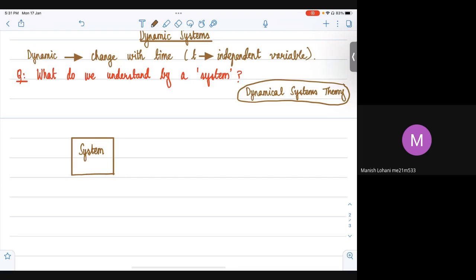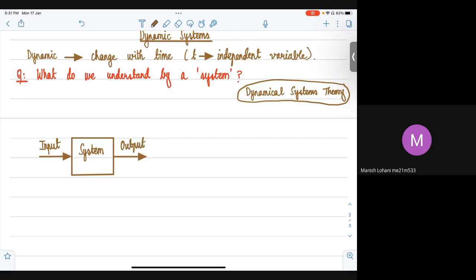That is how we will be visualizing a system as far as this topic of dynamic systems is concerned. So let me write down very carefully what our visualization is. We provide an input to the system, and we get an output from the system. That will be our notion of a system.